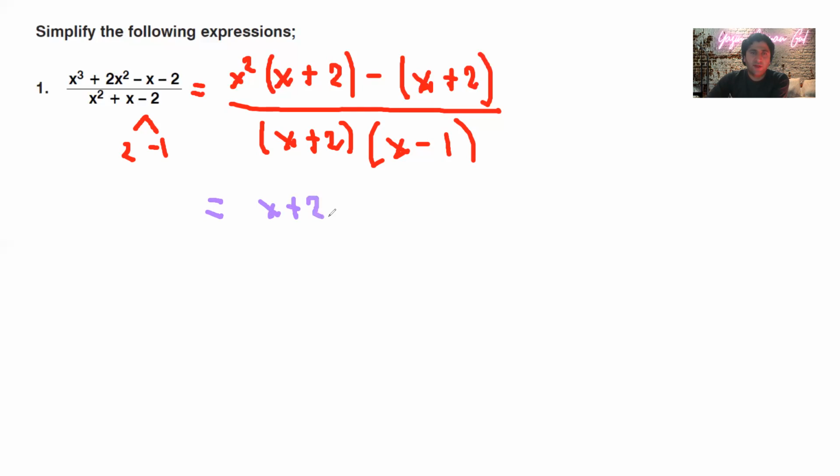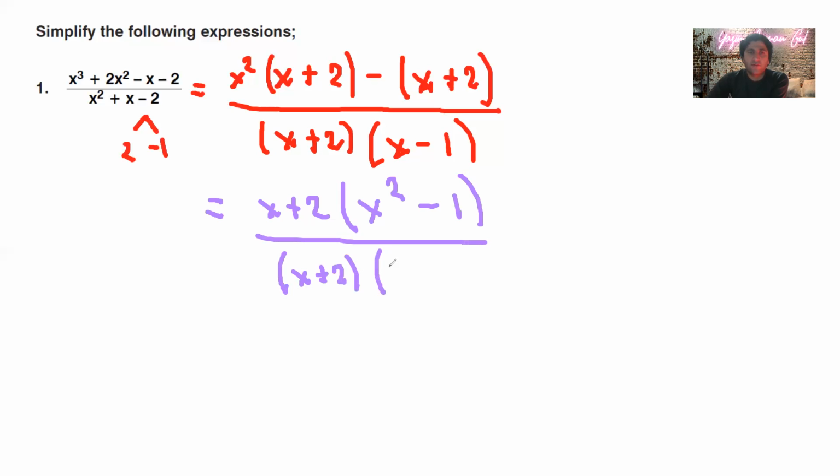So now I'm going to say x plus 2, then this is going to be x squared minus 1, right? And then the bottom part is still the same. It's going to be x plus 2 times x minus 1.